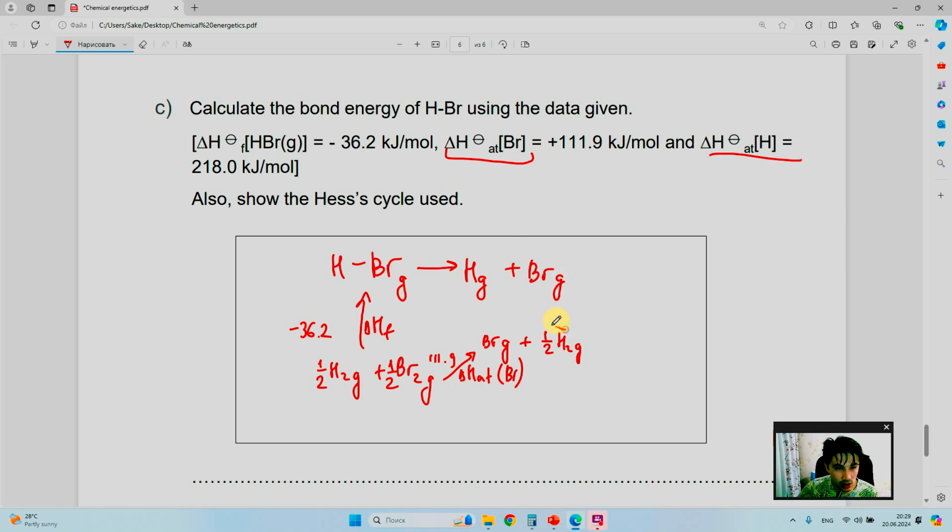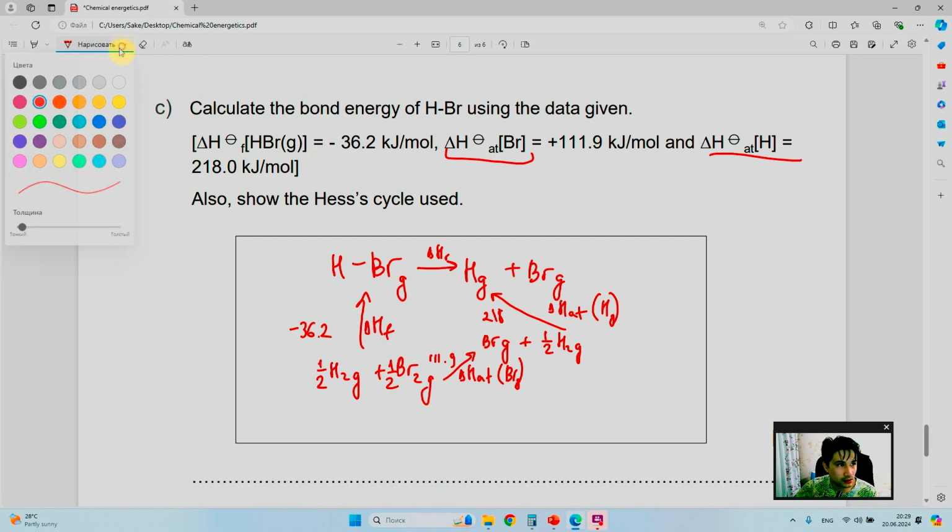It's again when 1 mole of these gaseous atoms are produced from, doesn't matter what, so from its element. So it's the standard enthalpy change of atomization of hydrogen, so it's gas, it makes sense, and this equals, again, positive 218 kilojoules. Now we need to find out the enthalpy change of this reaction, which is the bond energy.